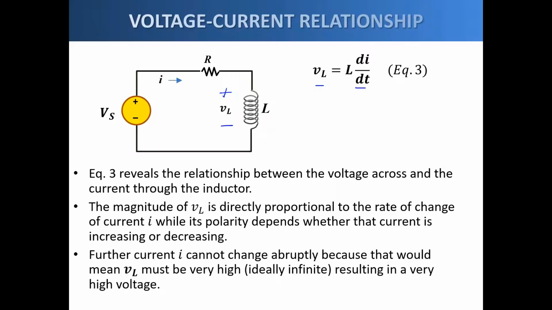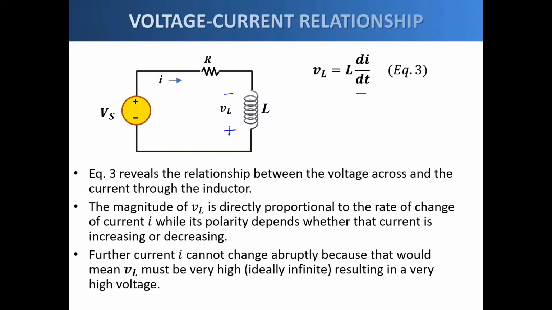Also, if the current is decreasing, that means that the slope must be negative, and therefore the polarity of V sub L should be plus here and minus there. Further, it tells us that the current through the inductor cannot change abruptly.